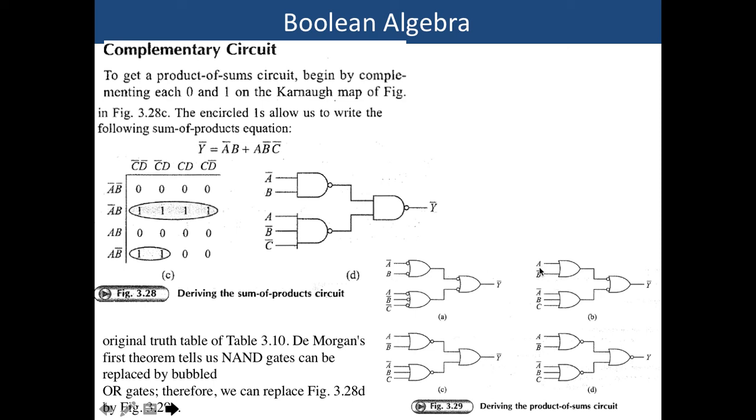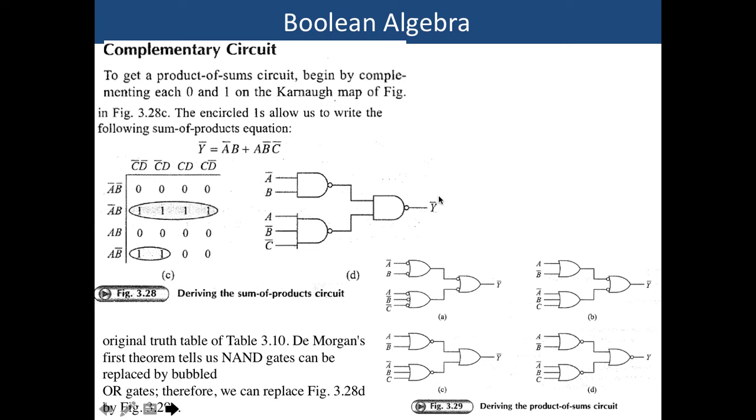Instead of A bar, we write A B bar, A bar B C. This is as it is. Then we will put here the bubble. Then similarly A B bar B C. And in the final step, we will put here one bubble, and this Y bar will convert into Y. So A B bar B C, and this is Y.